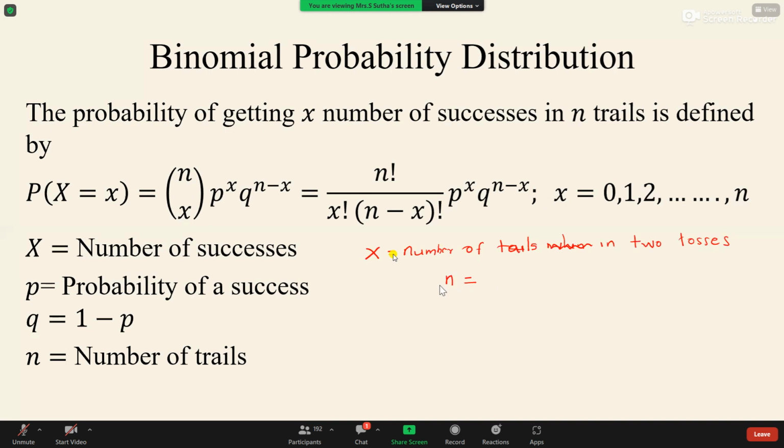N is the number of trials. How many times are we tossing a coin here? 2 times. So what is n? N is equal to 2. Then what are the possible values for x? X is the number of tails. So what are the possible values for x?